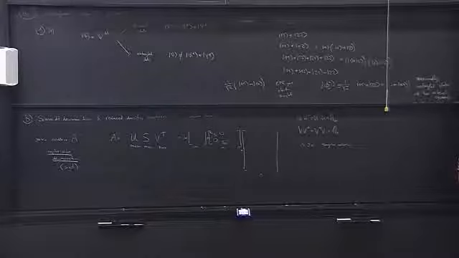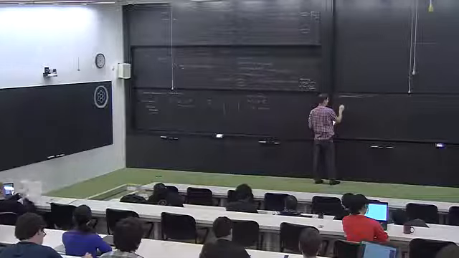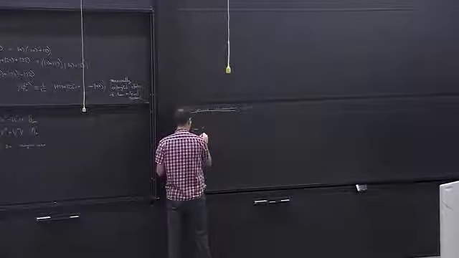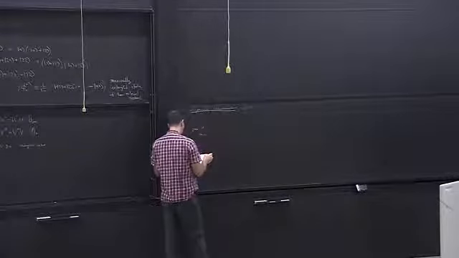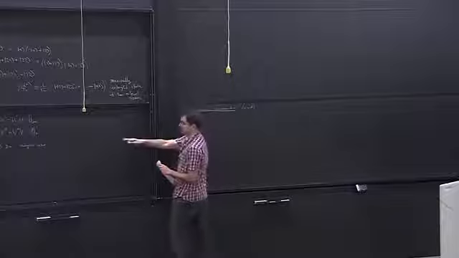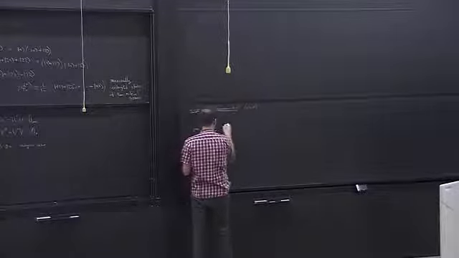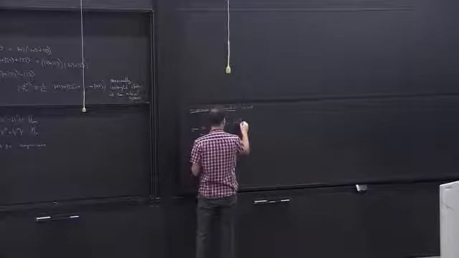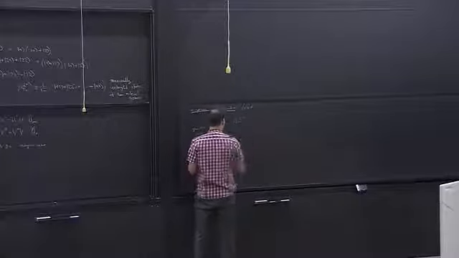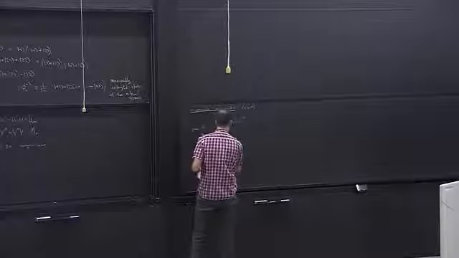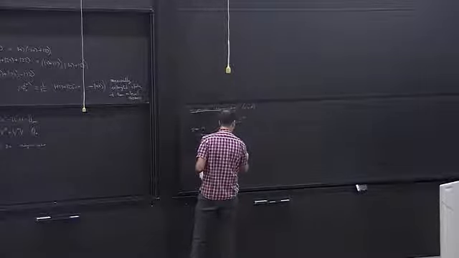So given a generic matrix A, which was m times n, and for which we just wrote the singular value decomposition, we can produce two positive definite matrices by considering A times A dagger, but also by considering A dagger times A.